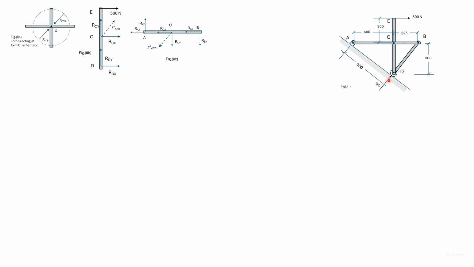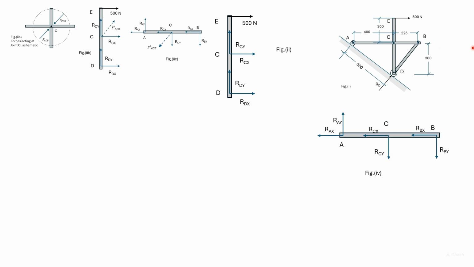Now, let us look at solving the problem at hand. To start with, we first find out the reaction forces acting on the structure. In this structure, we do not need to find out the reaction forces at A. We only need to find out the reaction force acting at B on the overall structure, which we find out to be 300 Newton.